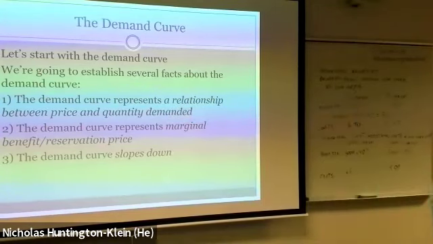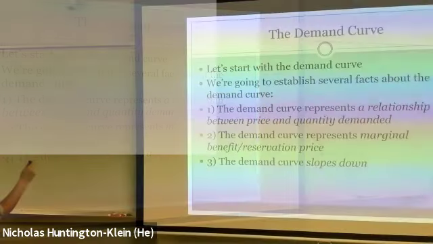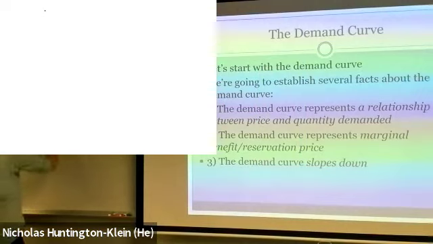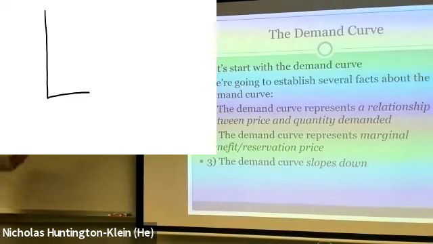A curve is a relationship. You know, if you put a line on the board, it's going to look like this. So we have our axes here. You're going to see these axes a lot this term.